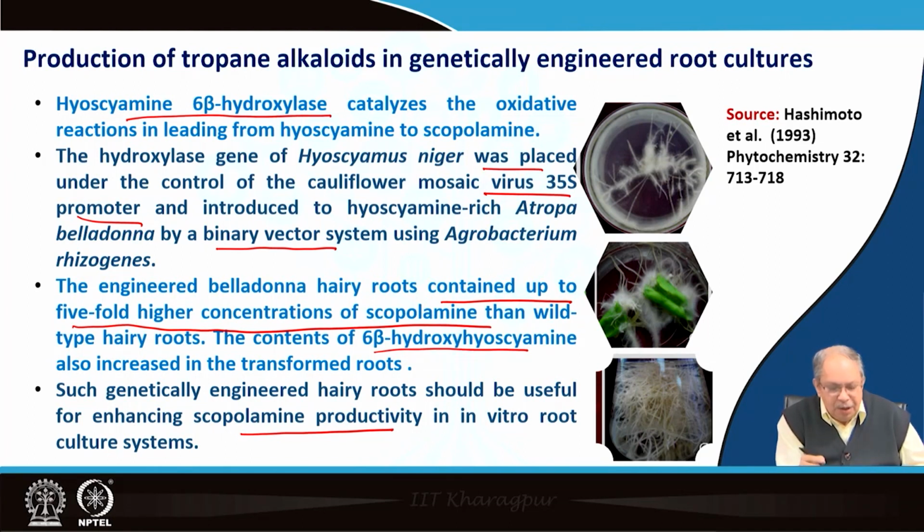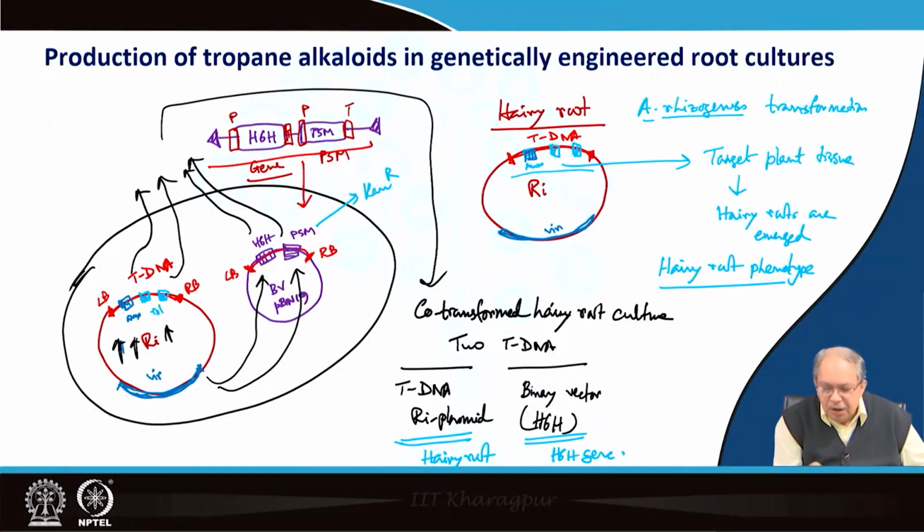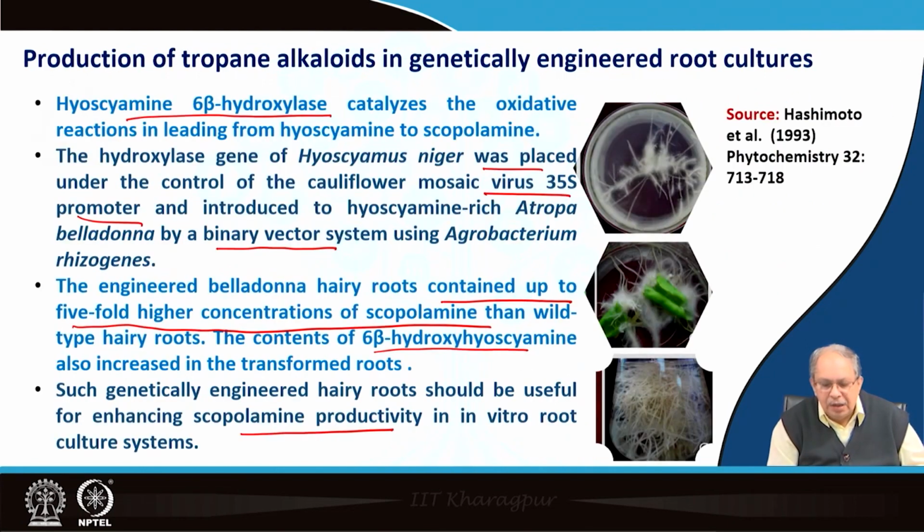So, in some lines scopolamine is also detected, which came from the line generated from the transgenic plant, but the one I have just discussed is the co-transformation. This is a much cleaner way, and this way whatever scopolamine is formed, that is because of the gene which is inserted and makes the hairy root, and the hairy root contains H6H.